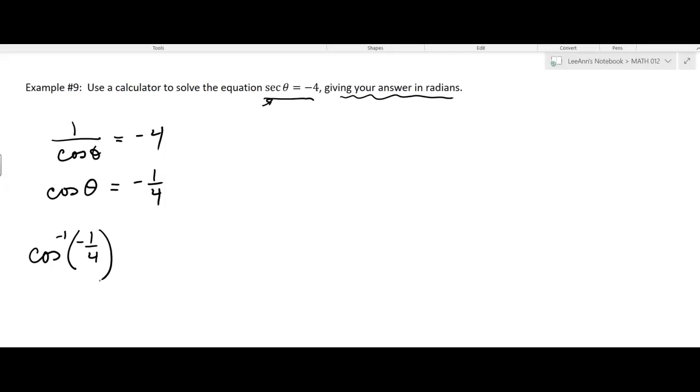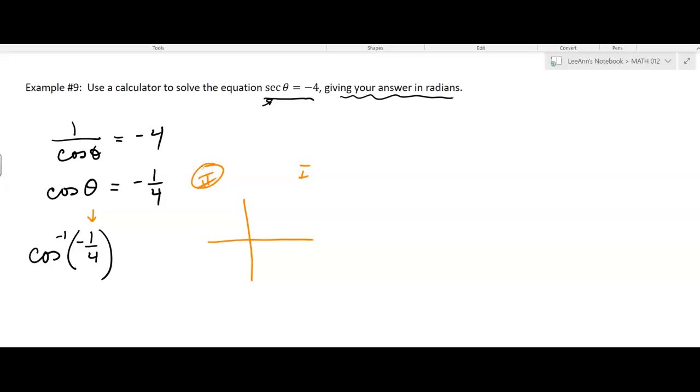Well, I'll just draw it right here. So if you think about what that means, inverse cosine is either first or second quadrants, but it's not positive, so it's not going to be in the first quadrant, so it's got to be in the second quadrant, okay?